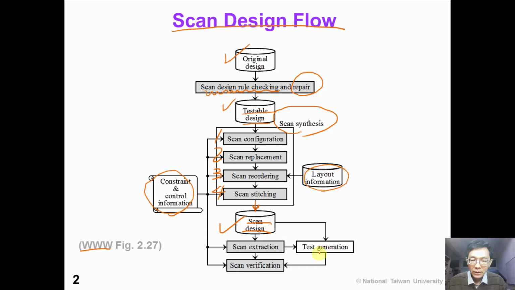Then we can start our test generation. After test generation, we can do scan verification to make sure that the test pattern can be correctly applied to our design. So now let's start from the first step: scan design rule checking.